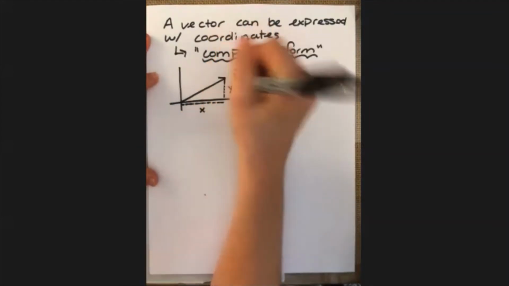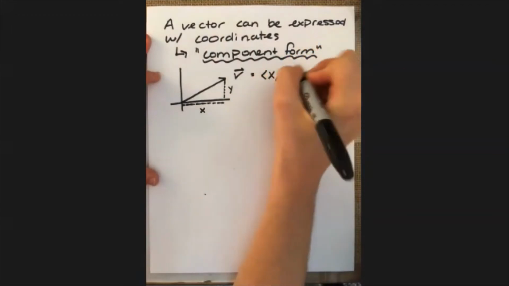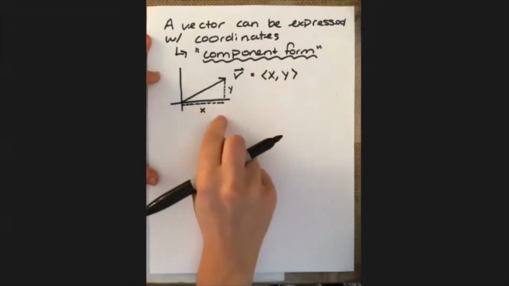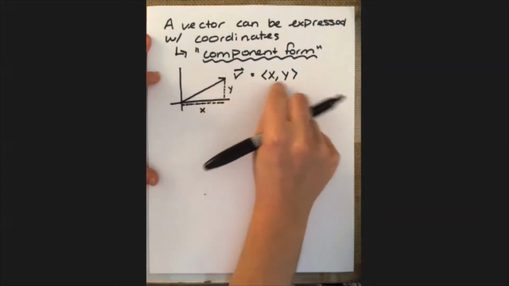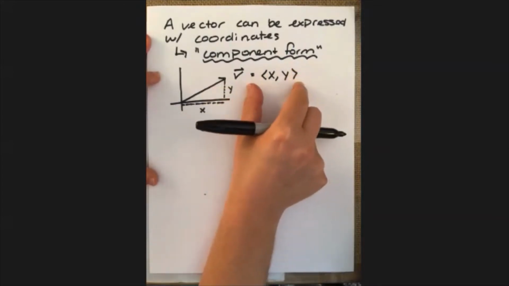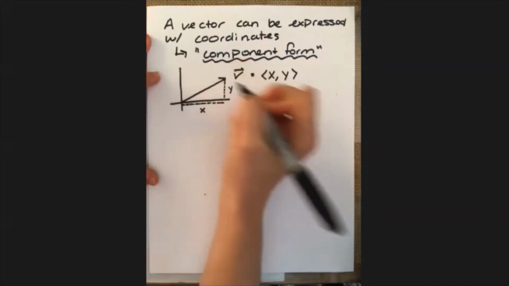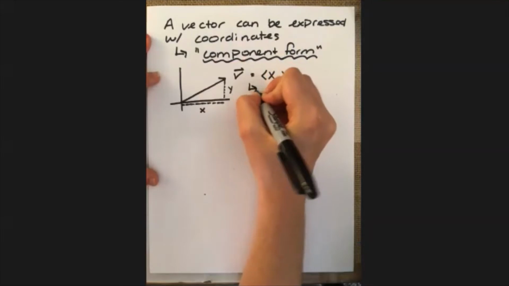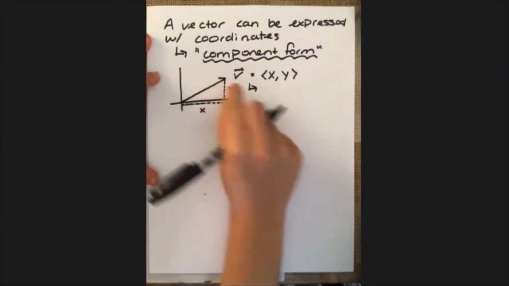And sometimes it's really useful to be able to express that vector v in terms of its x direction and its y direction. So this is its coordinate form. We take x and y and we put them in those angled braces like that. And these angled braces mean that we're working with an entire vector. I do want to highlight that you shouldn't confuse this with a point, though it does reach out to that point x, y.